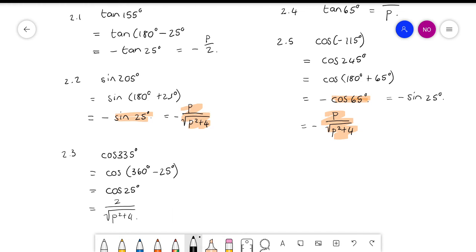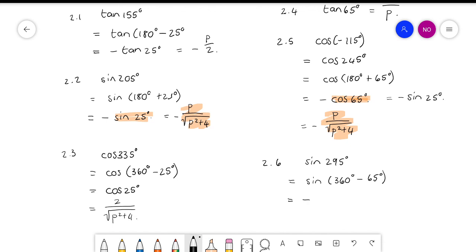Okay, en dan die laaste ene wat julle vir huiswerk gehad het. In watter kwadrant is die ene? Fourth quadrant. 360 degrees minus 65.